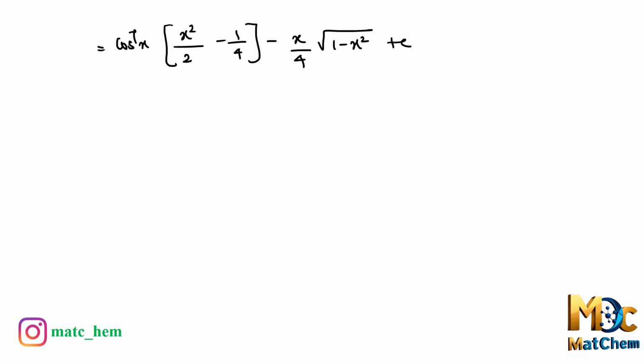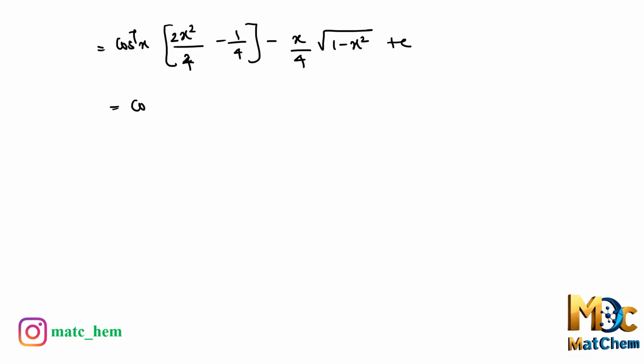So what we have is cos inverse x into x square divided by 2 minus 1 by 4, minus x by 4 into square root of 1 minus x square plus c. Here it can be written with the LCM as 4, multiplying numerator and denominator by 2, so it becomes 2x square by 4.